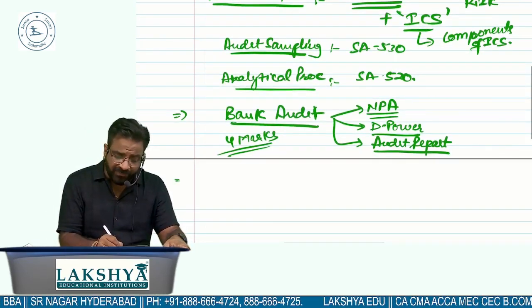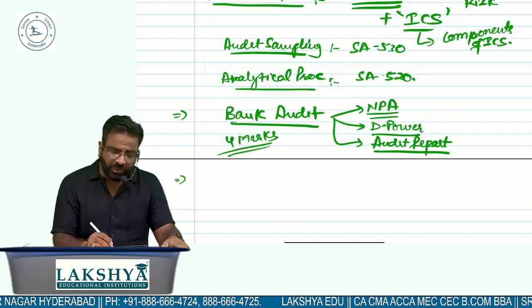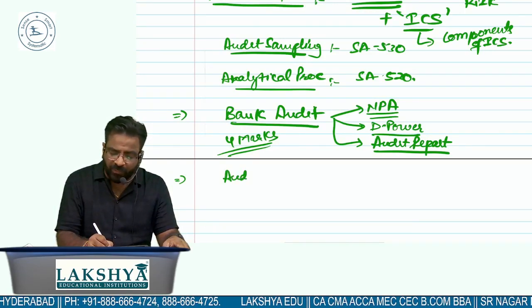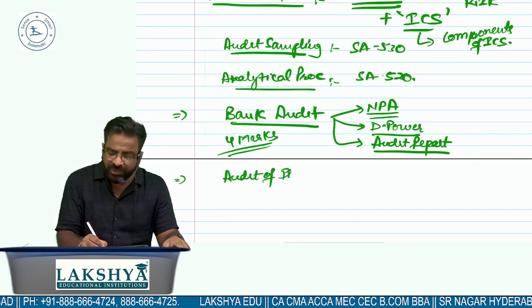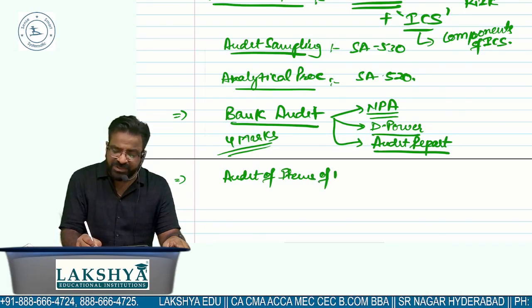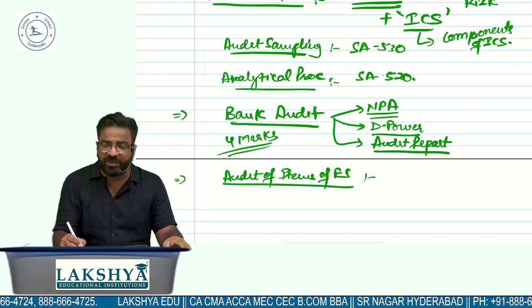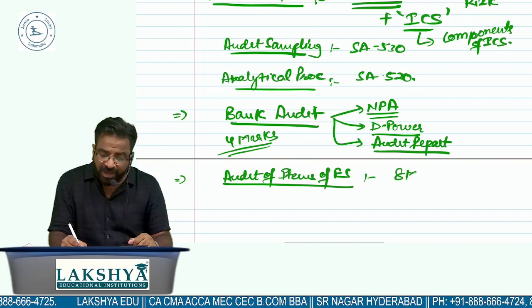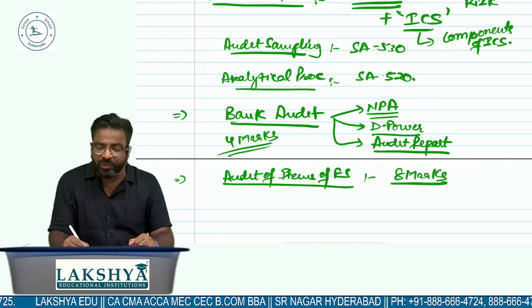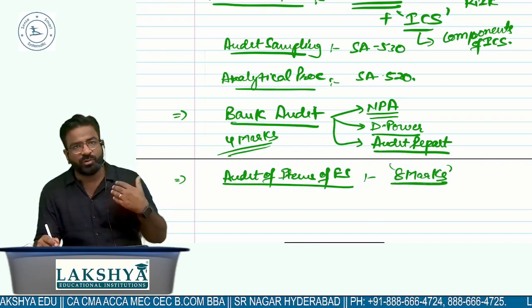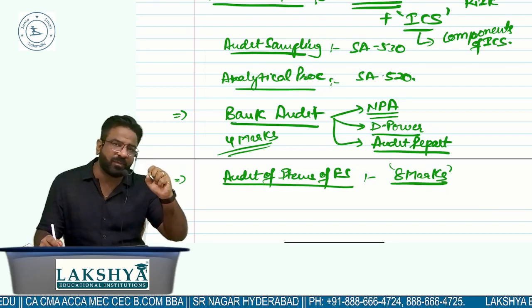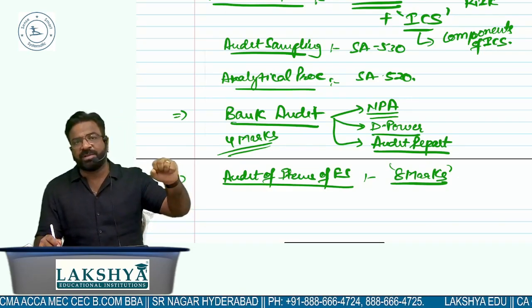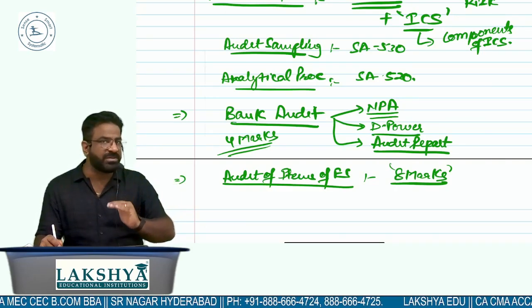Okay? Followed by that, you need to do one chapter called audit of items of financial statement. From audit of items of financial statement you are going to get minimum 8 marks, and you already know our formula. We have to pick up a particular item from a particular area, and make sure that we are writing 3 to 4 points out of it.